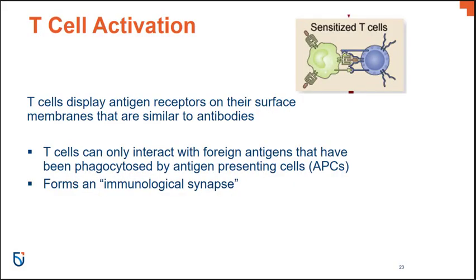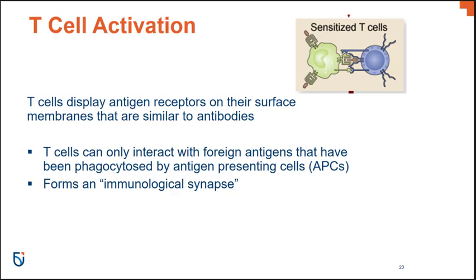T cells display antigen receptors on their surface membranes that are different than the antibodies, but similar. So remember that antibodies, when we talked about the B cells, are present on the surface of B cells. T cells, however, can only react to foreign antigens that have already been phagocytosed and then presented on the surface of antigen-presenting cells.